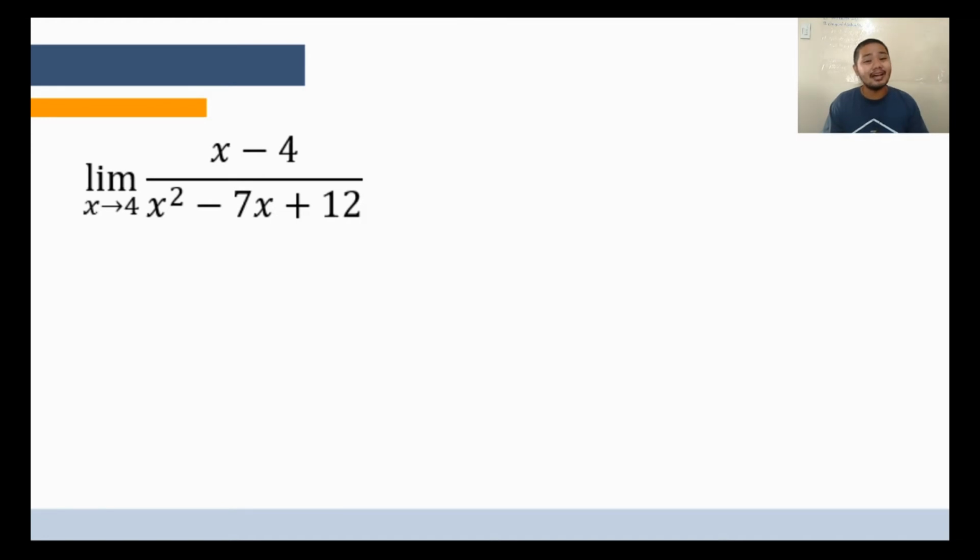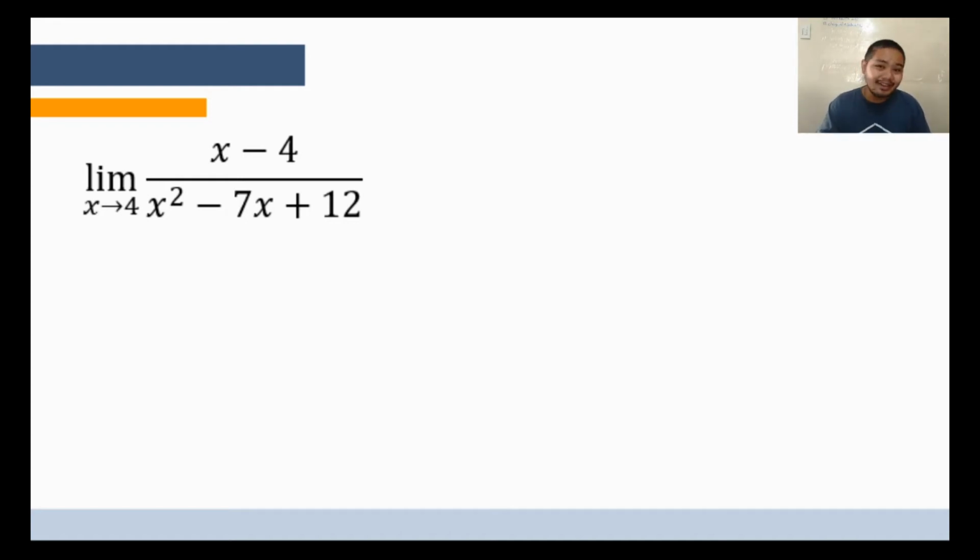Third example tayo. So, we have the limit of x minus 4 all over x squared minus 7x plus 12 as x approaches 4. Kagaya ng ginawa natin kanina, solve muna natin. Baka mamaya kasi hindi naman naging 0 over 0 yung mismong function natin.